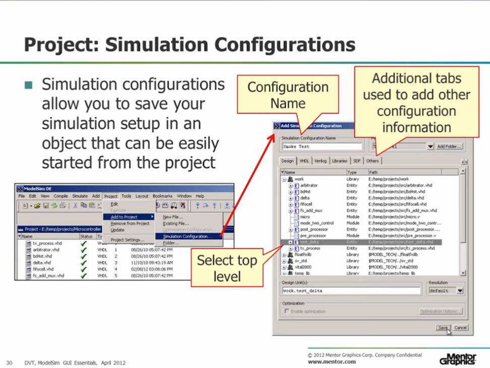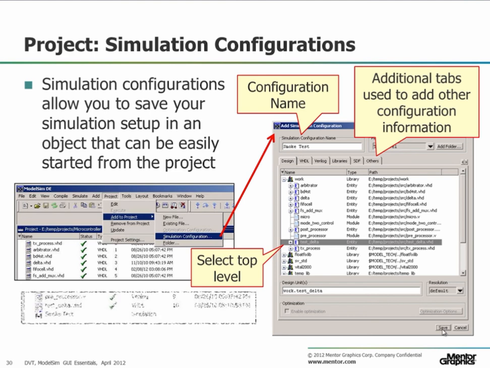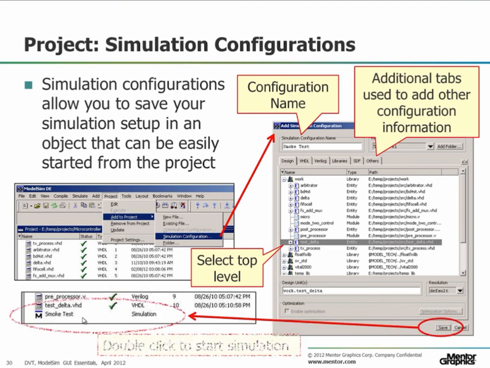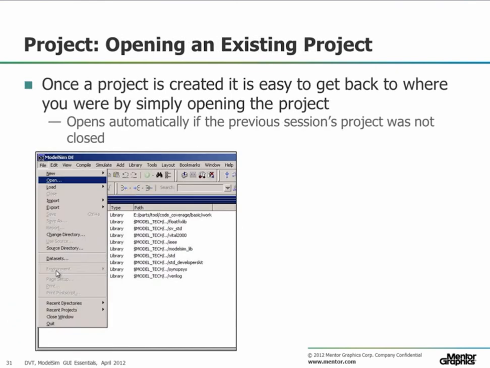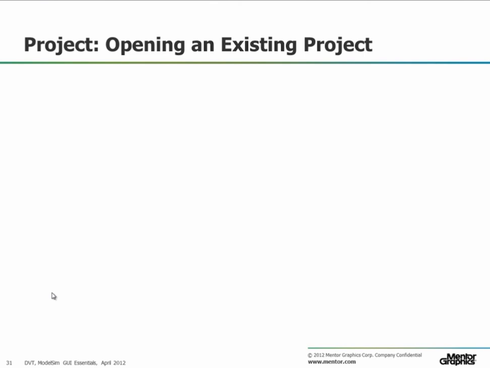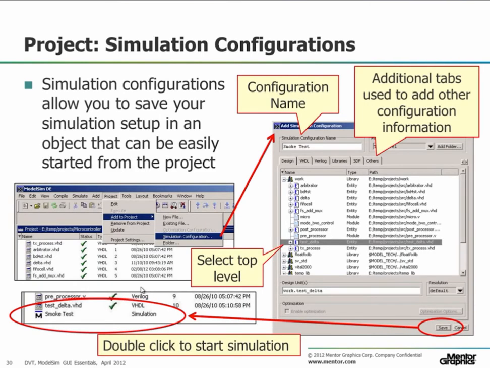Then I save that configuration, and what turns up in my project view is a ModelSim configuration called smoke test. When I double click that, it will go through the task of selecting the delta and starting my simulation. So that's how I get projects running in ModelSim.